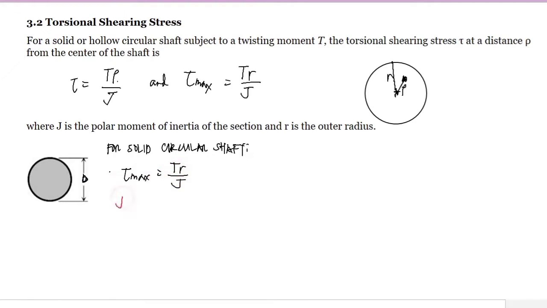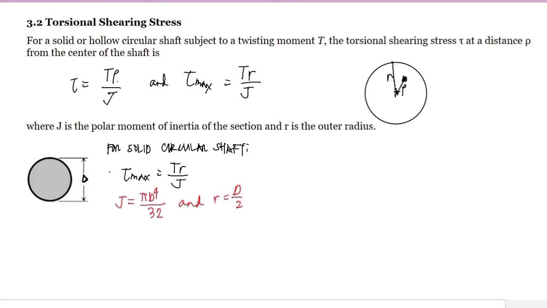So for the circle, we have the polar moment of inertia is equal to pi d to the fourth over 32. And we know that the radius is just half of the diameter.